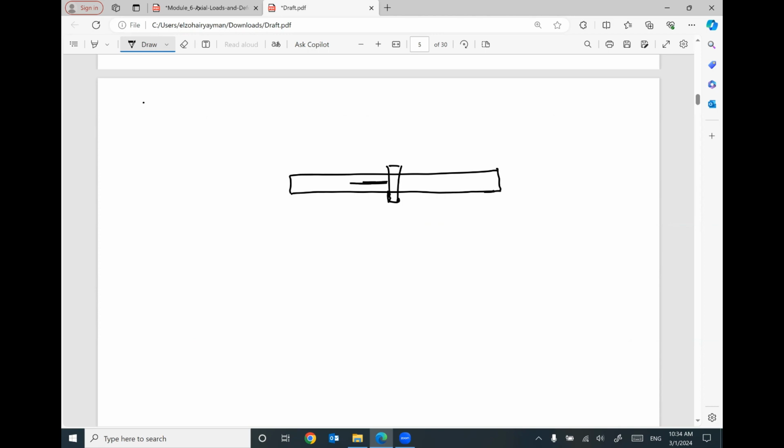We have a force here, 20 kilonewton, and we have a wall, and after a little elongation, which is 0.2 millimeter, we will have this wall at B. This is A, this is C. Does that make sense?